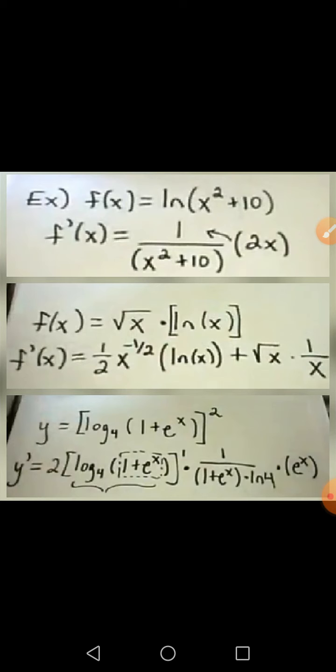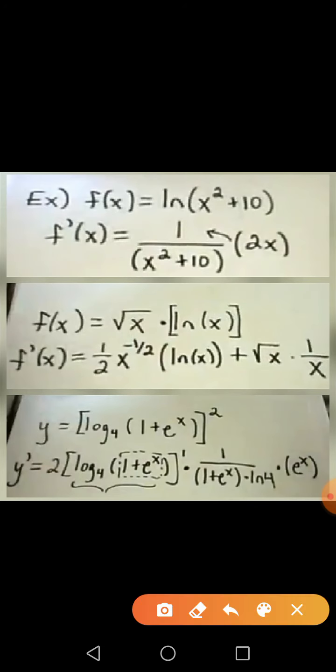So the derivative of root x is half x to the power negative half, times ln x, plus ln x's derivative, which is 1 over x, multiplied by the original function. And that's all. It's so easy, as I told you, once you know the rules that you will solve with, and get the derivative functions.